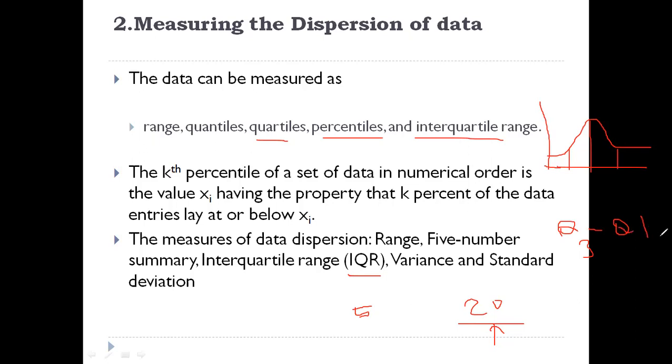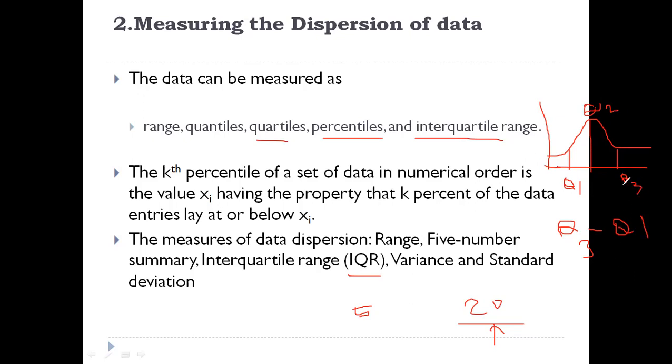Here the data can be divided into 4 parts. Assume this is part 1. Part 1 is represented by Q1, part 2 is represented by Q2 and part 3 is represented by Q3. Here we have 4 parts.